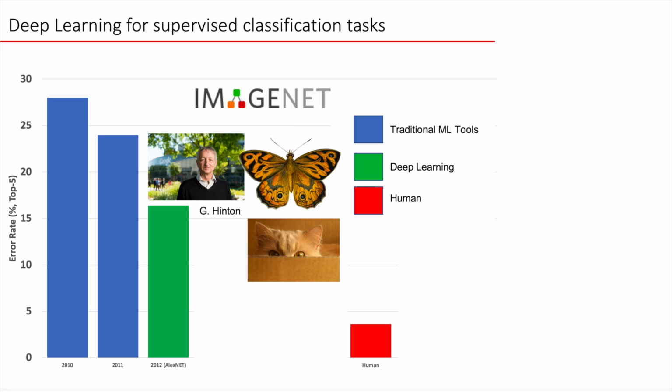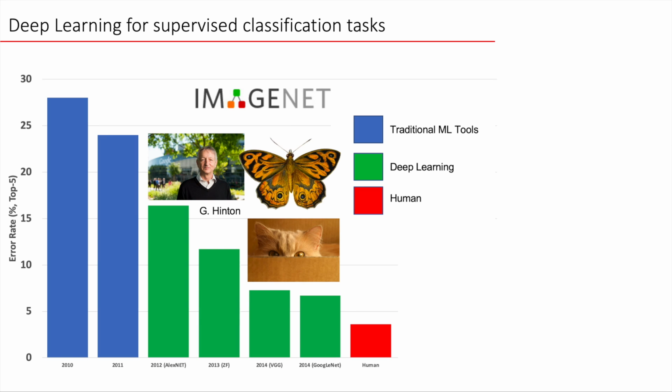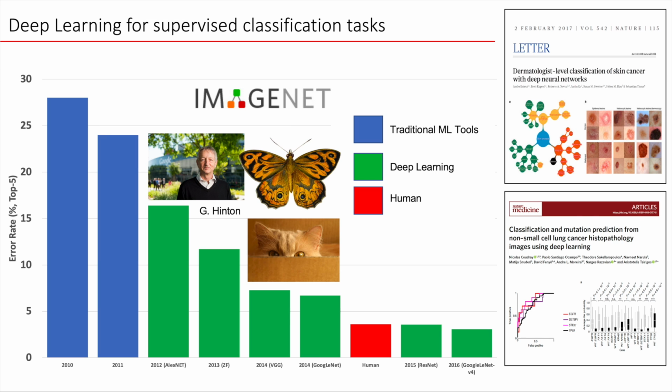And this really caused a transformational shift in how computer vision was done, and now almost exclusively using these deep neural networks. So subsequent years, again denoted here by green, were improvements of his original architecture, and you can see that the error rate continued to creep down lower and lower. And in 2016, these neural networks, at least in this ImageNet competition, now match or even exceed the capabilities of humans.